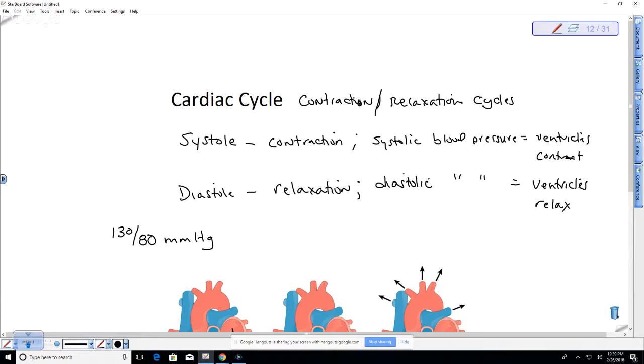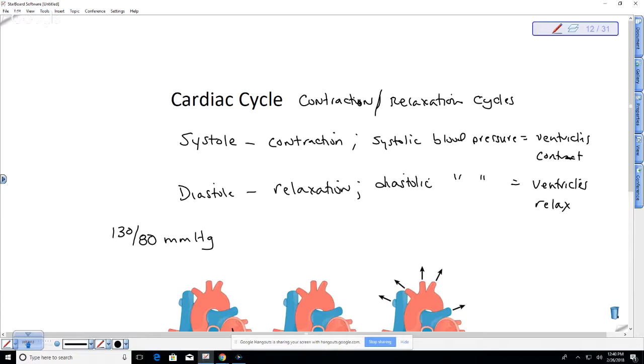The 130 millimeters of mercury is when the ventricles are contracting and the blood is being forced out of the heart and into the arteries. Then when the ventricles relax during this cycle, the blood pressure goes down. And this is the pulse, right? So you can feel the blood being pumped through the blood vessels. High pressure causes the blood vessel to expand. Low pressure causes it to deflate a little bit. So we feel it as the pulse.